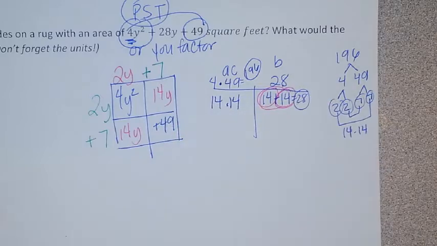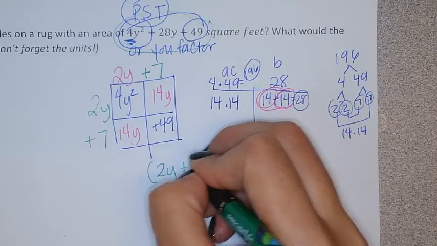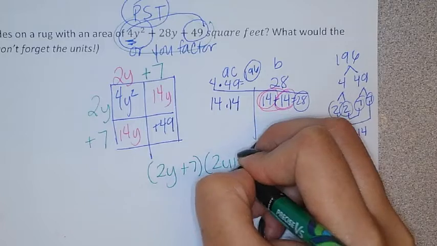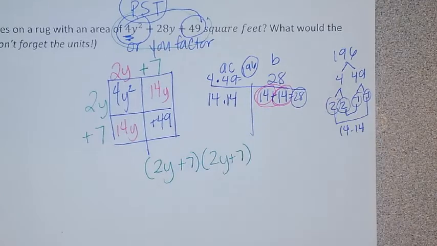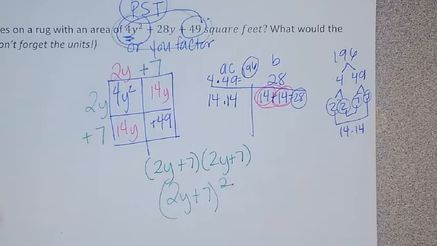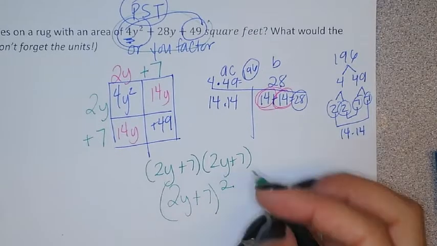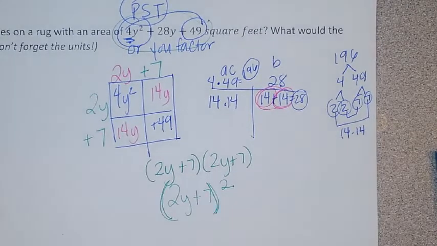7 times 7, 49. So this factors to 2y plus 7 times 2y plus 7, or 2y plus 7 squared. Okay? You could use the formula here, but since we didn't practice together to use the formula, we're going to factor it out.